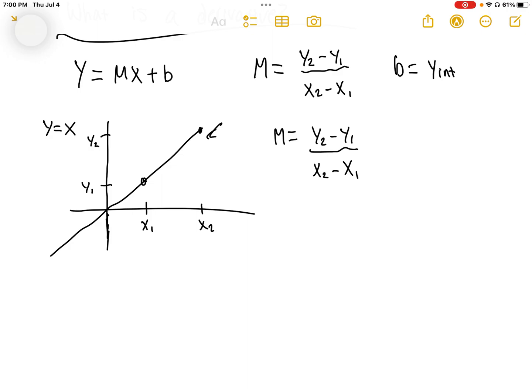So since y equals x everywhere for this graph, we can say let this be 2 and let this be 1. So y2 would be 2 and y1 would be 1.